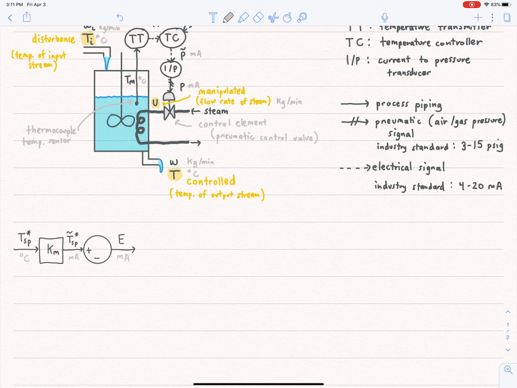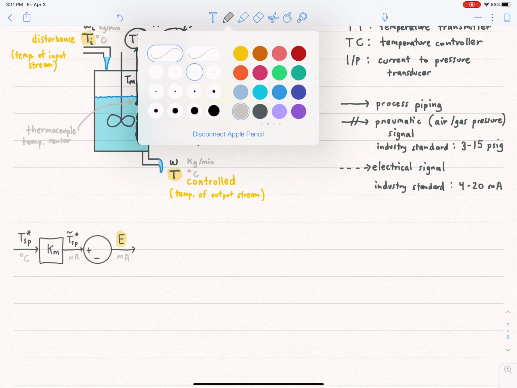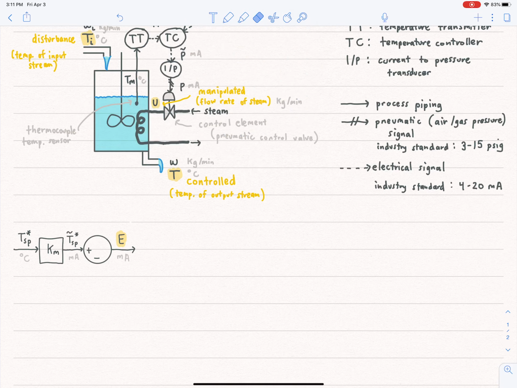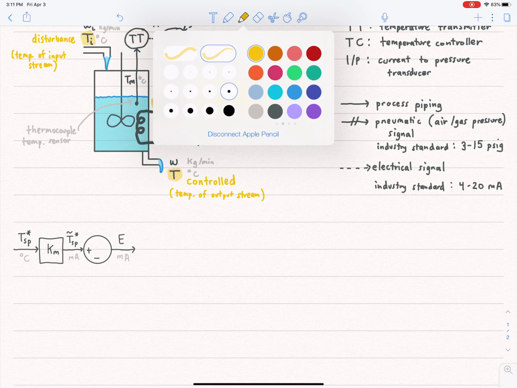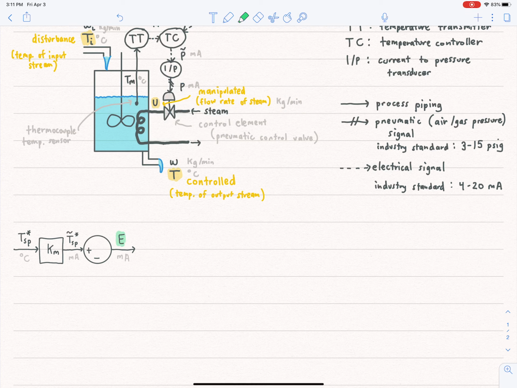Okay, so I'll use a color here. Let me use a different color since we used yellow up there. So this here is the error signal. And this here is called the internal set point because it's internal to the controller.